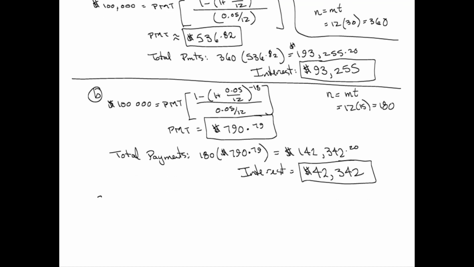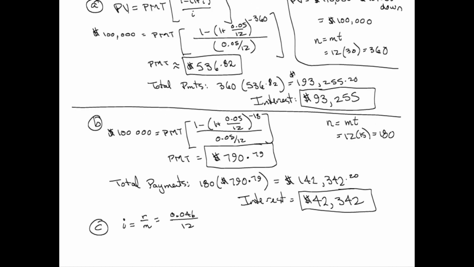Let's just do part C real quick. I'll leave most of this for you to do on your own. Here, the only difference is that my i is equal to r over m. This time, we got a 4.6% interest rate, 0.046 divided by 12.